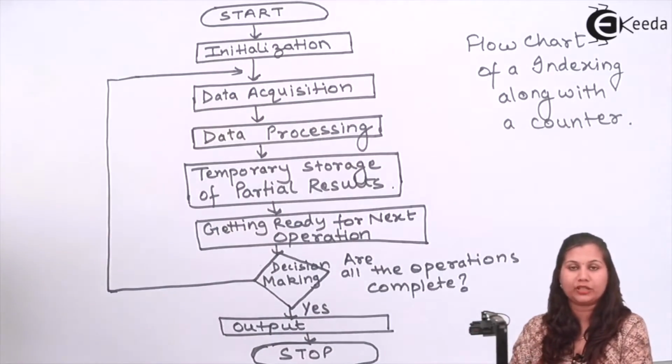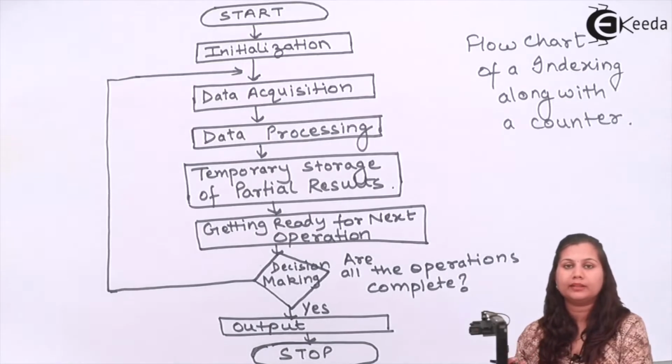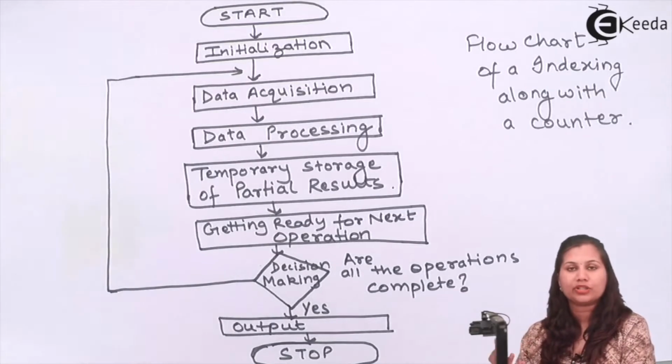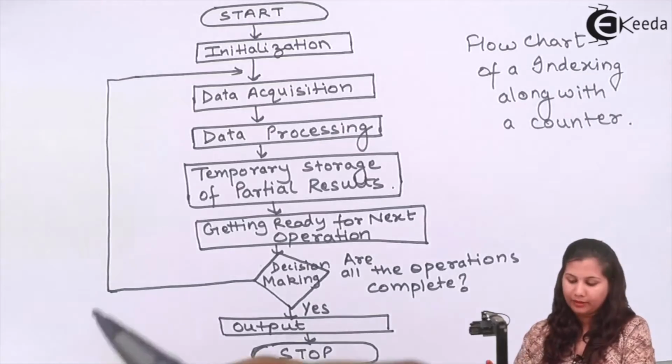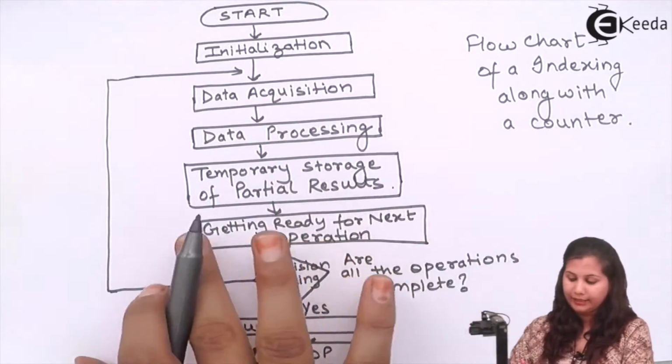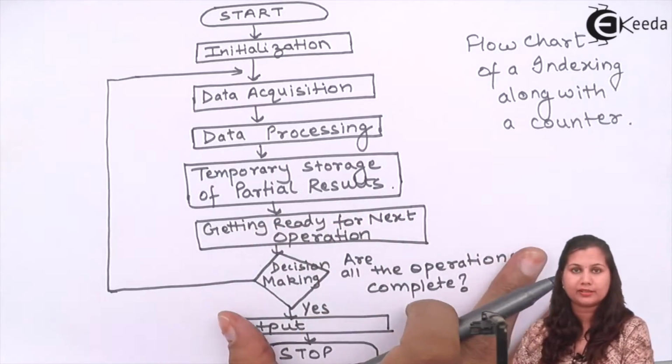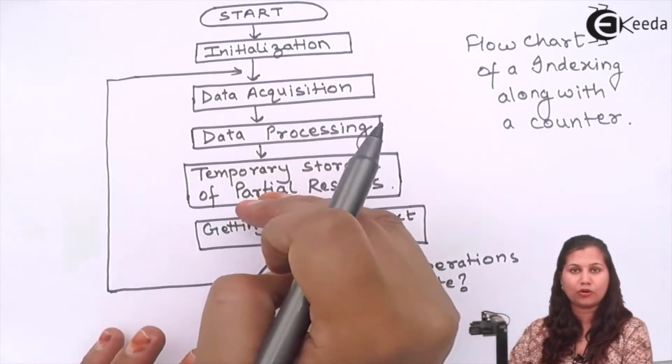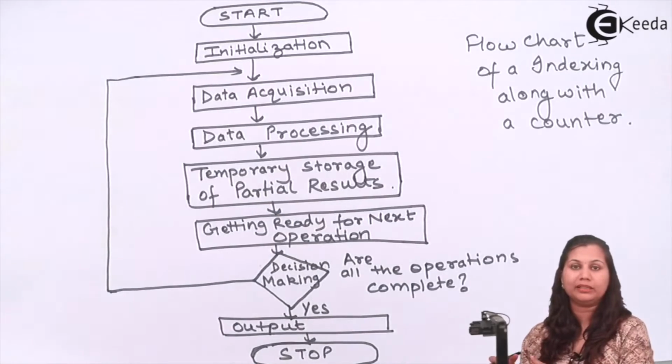We initialize a register with a counter, or initialize the register with a number, and then data acquisition, data processing, and temporary storage of partial results, if there are any arithmetic or logical operations and some intermediate results which have to be stored.